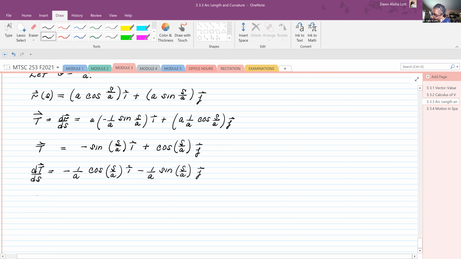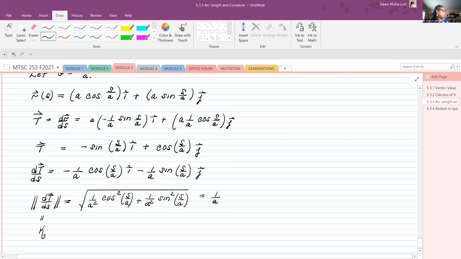And then the length of that dT ds is the square root of 1 over a squared cosine squared of s over a plus 1 over a squared sine squared of s over a, and that turns out to be 1 over a. And this is the curvature.